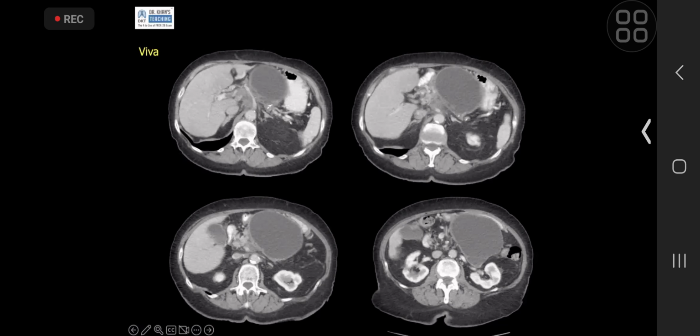For example, there is an enhancing septa, and if you look carefully, there is soft tissue around the celiac artery. There is also a portal vein thrombosis. So this is a mucinous cyst adenocarcinoma. It is not at all a simple pseudocyst. A pseudocyst will not have an enhancing septa, and of course, the solid component will not be there.